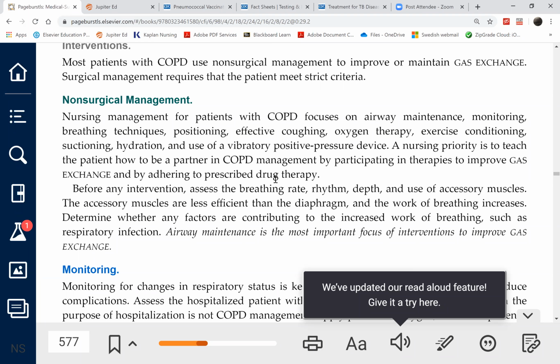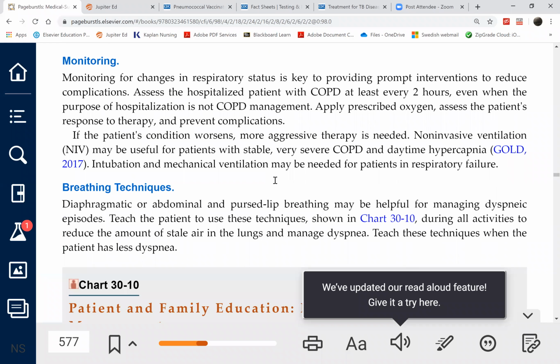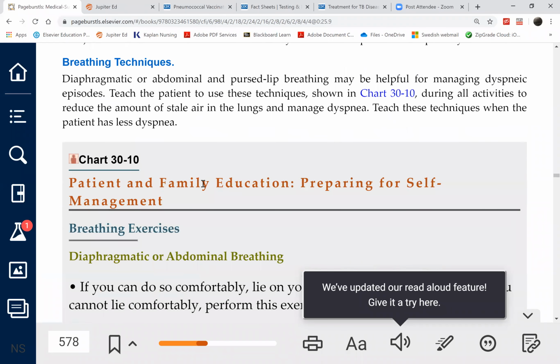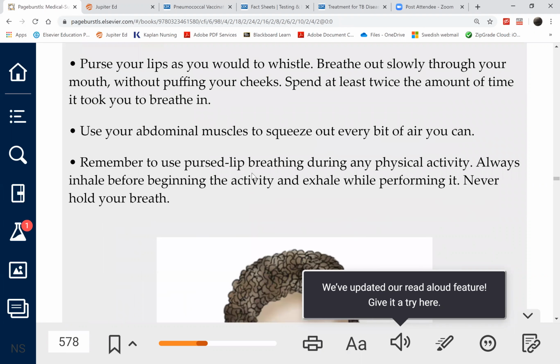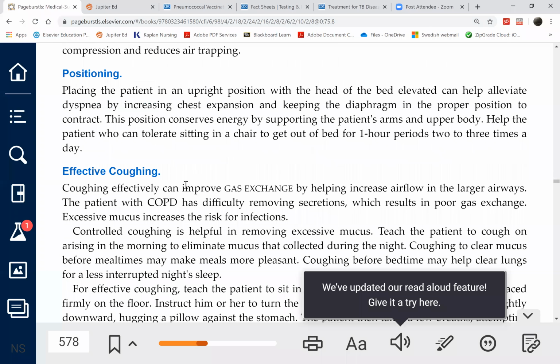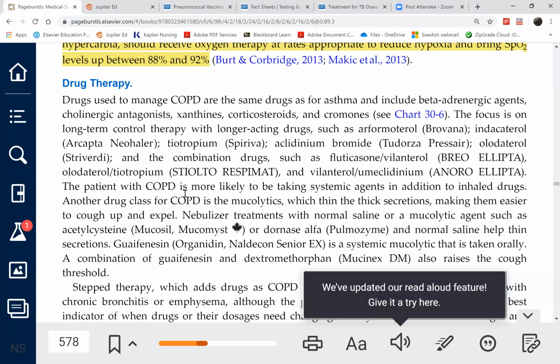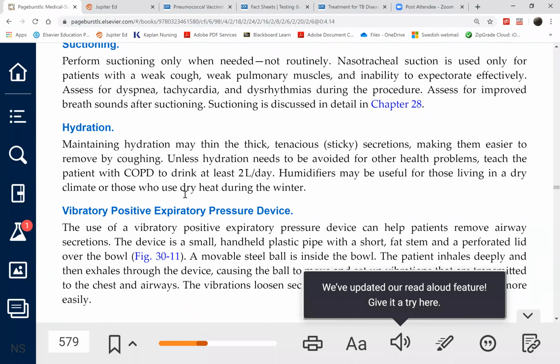So if it's a respiratory problem, the patient you're going to monitor, teach these breathing techniques, which are listed in chart 30-10. And then here, positioning, coughing, oxygen, and then drugs will go back to asthma, exercise, suctioning, hydration.